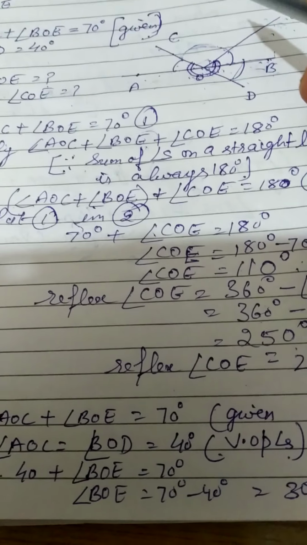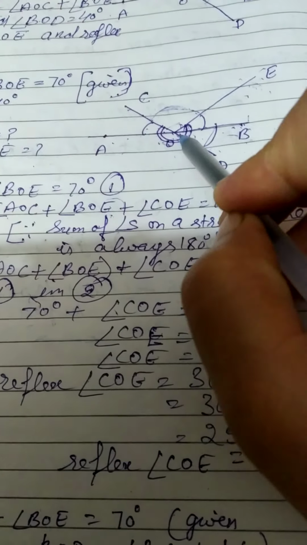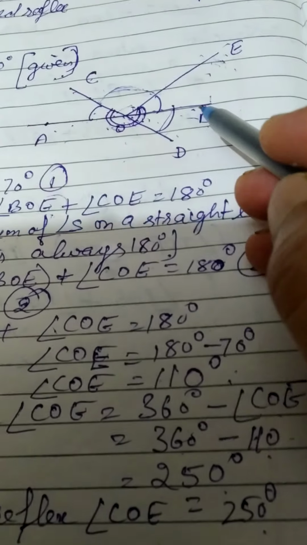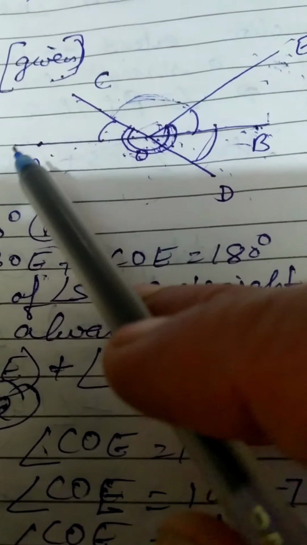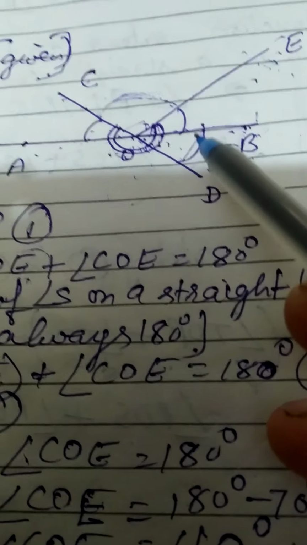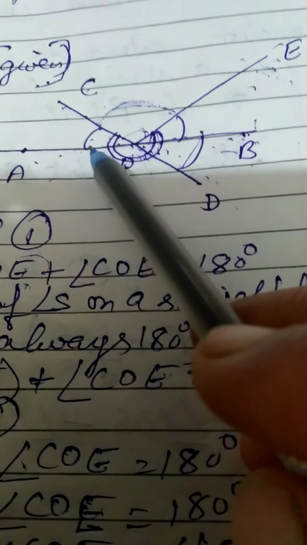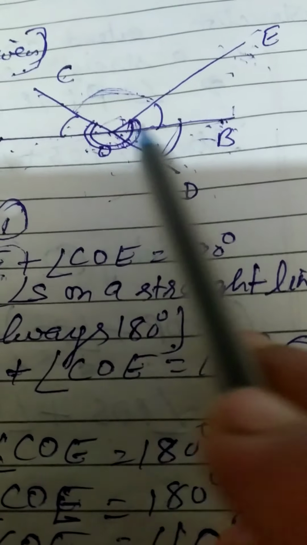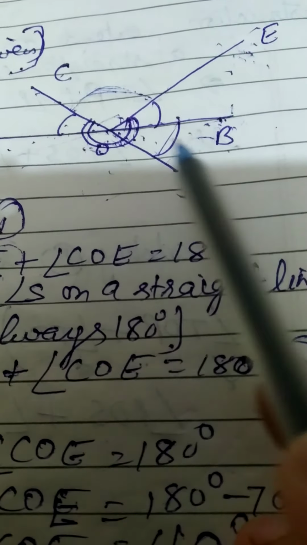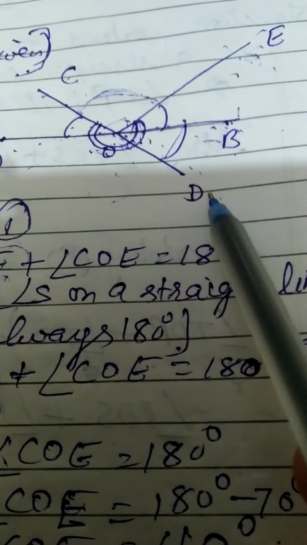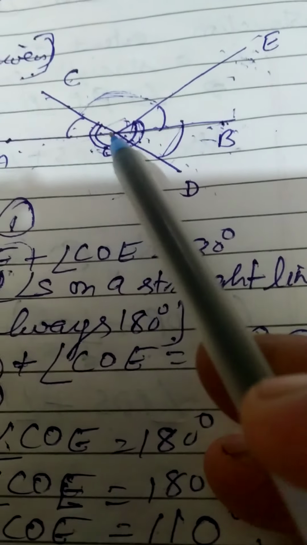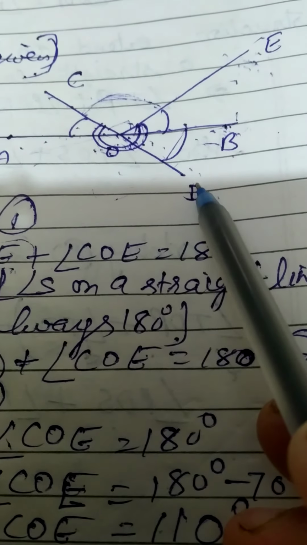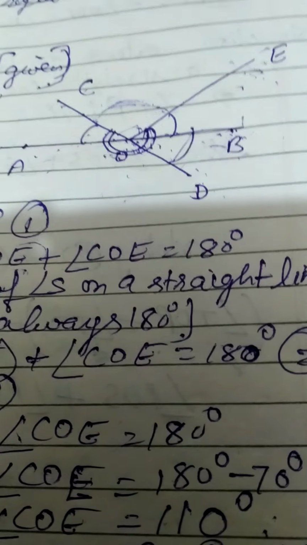Now angle AOC plus BOE is equal to 70, it was given. Is there any relationship between angle AOC and angle BOD? Yes, these are vertically opposite angles. This is a straight line, this is a straight line. These two lines are intersecting and these two angles are opposite to each other. Therefore, angle AOC and angle BOD are vertically opposite angles, and vertically opposite angles are always equal.